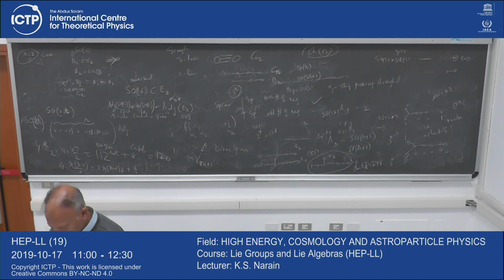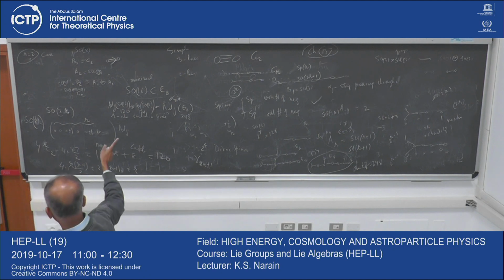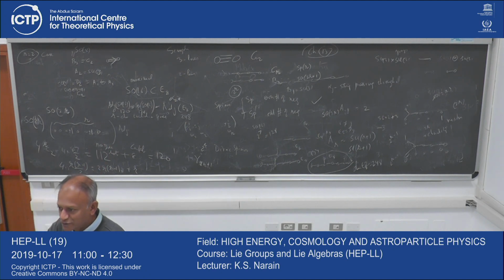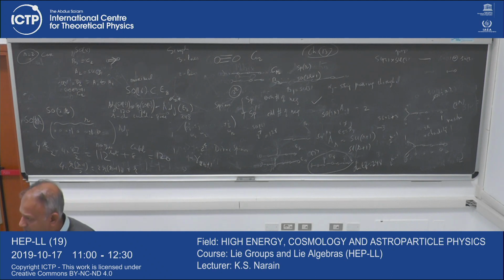What I didn't go through is how, given the simple roots, to construct the remaining roots. That is why I wanted to do G2, because G2 is the most complicated among the rank 2. So if you have understood G2, then you understood everything. But we don't have time.